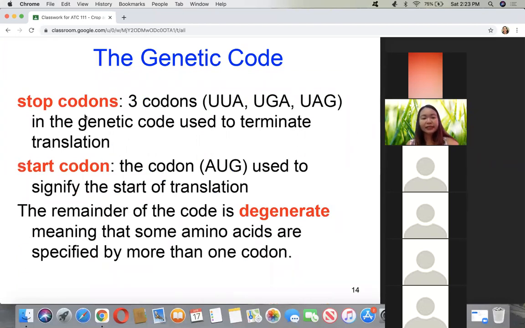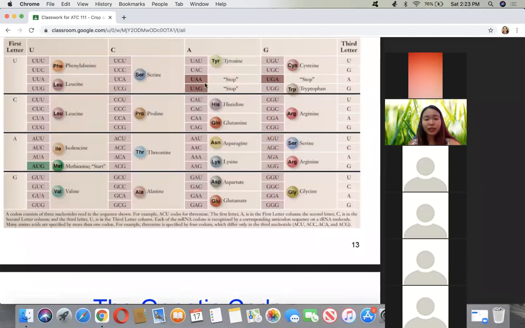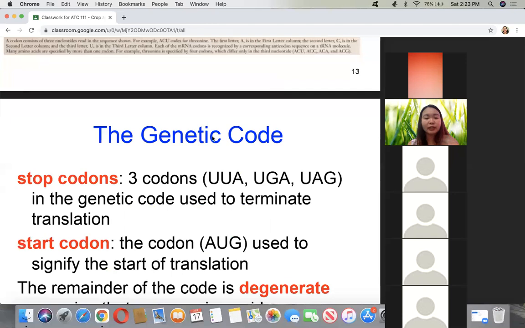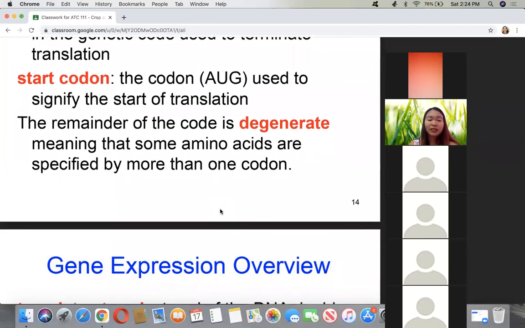So again, in the stop codons, we have 3 stop codons, no? Nakita kanina, the UAA, the UAG, and the UGA. Ito yung tatlong stop codons. And this is used to terminate the translation. It means matatapos na ang translate ng RNA into proteins or amino acids.